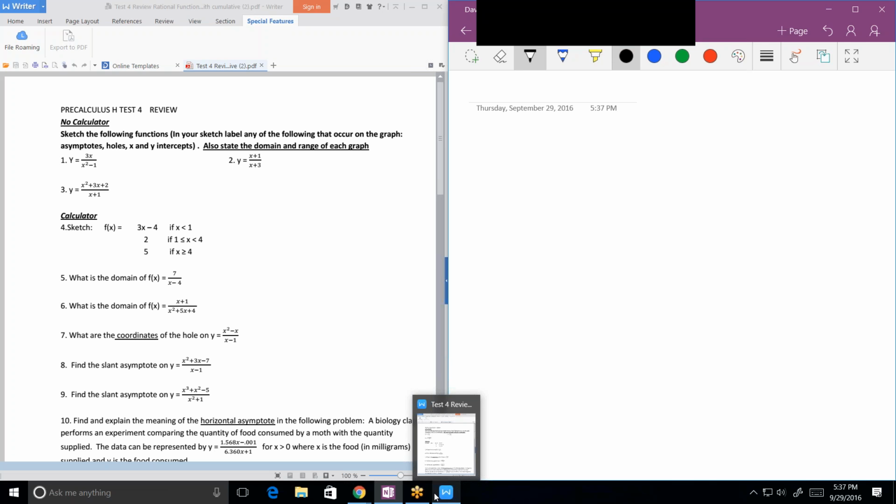All right, what are the coordinates of the hole on number 7? Well, let's start by factoring what we can factor. What's the numerator? I'm not really sure how to factor that, to be honest. Make a greatest common factor out of that.